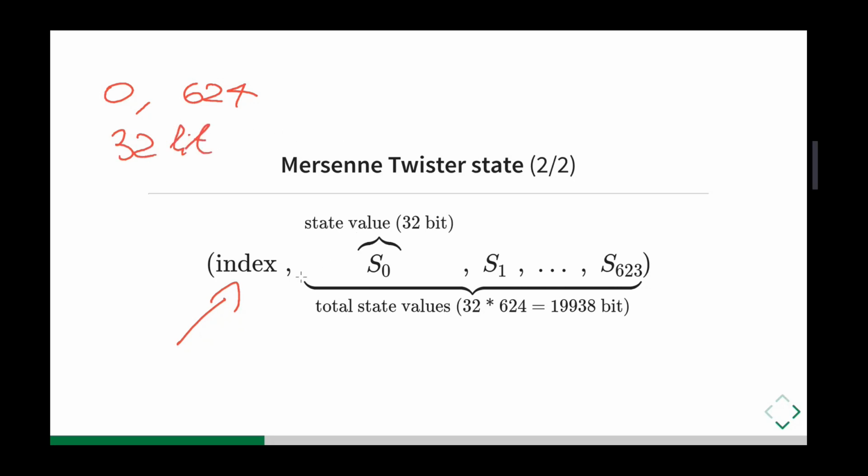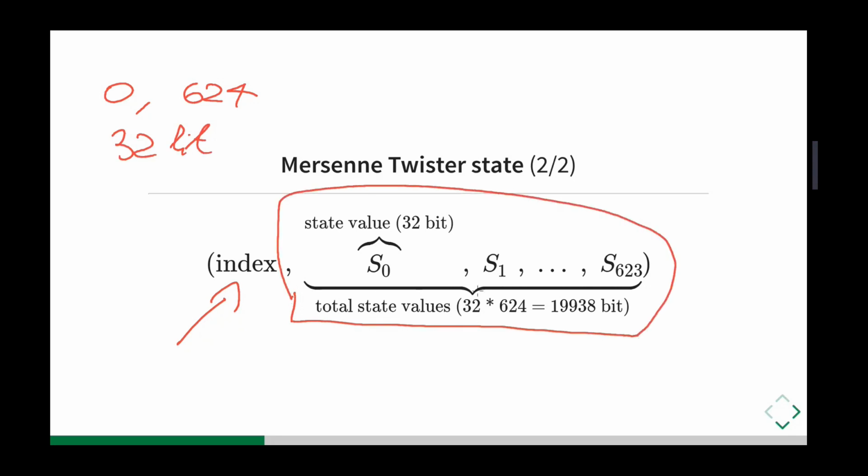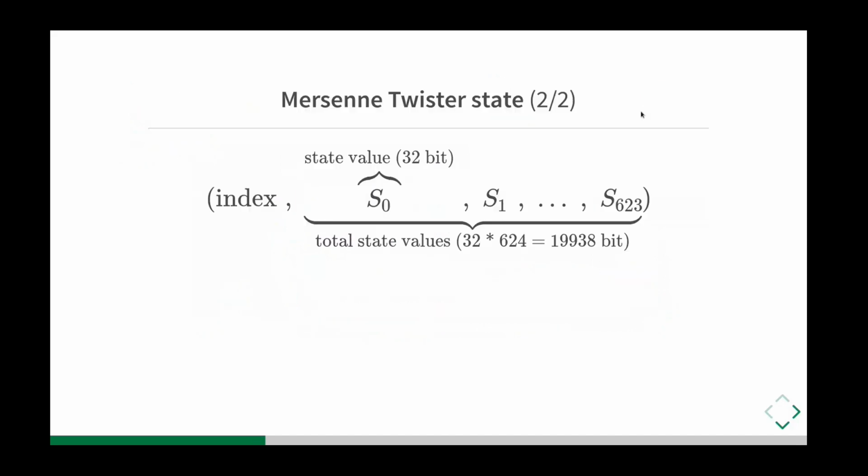After that, we have these state values, which are, as I said, 624. So we have S0, S1, up to S623, each of which is 32 bits. A state value is a single integer, like S0 or S1. The state values are the most important thing about the state of the PRNG. If you have any question, you can interrupt me.